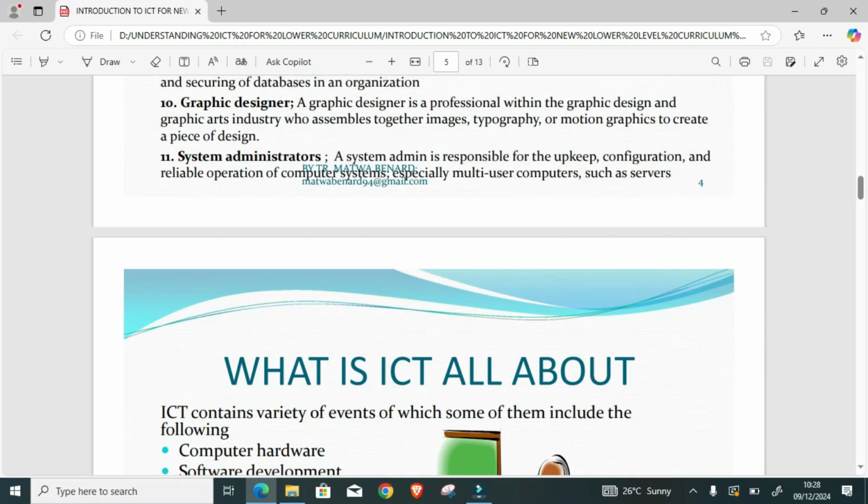So you can become a system administrator, whereby be responsible for the upkeep, configuration, reliable operation of computers, especially multi-user computers, whereby computers which are used by more than one user, you can now become a system administrator.